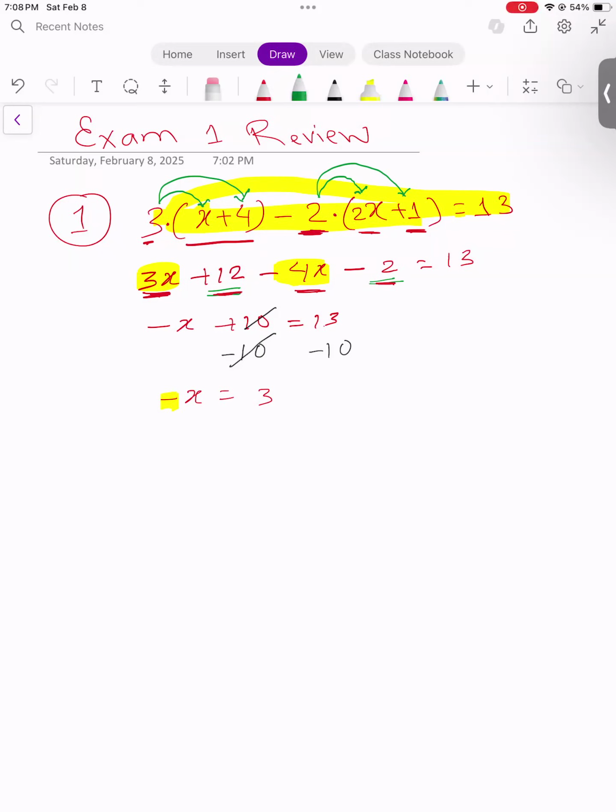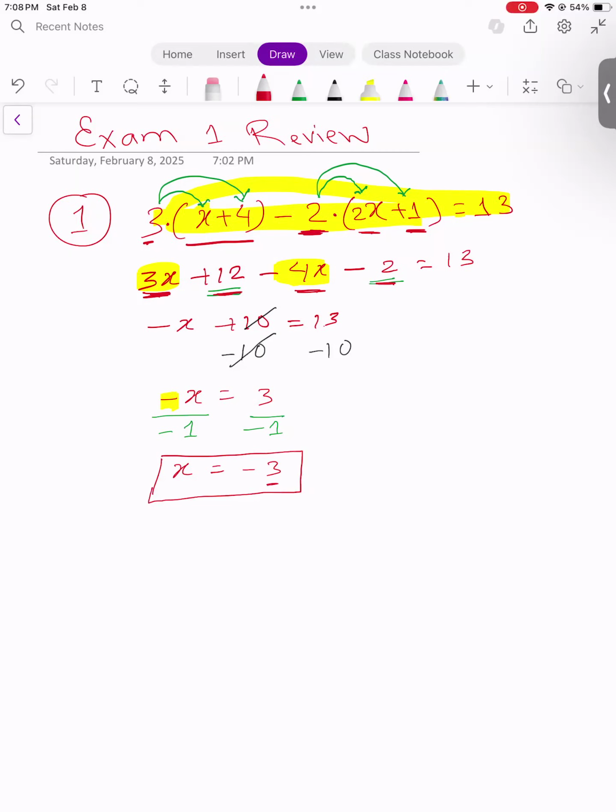For that, you can multiply both sides of the equation by negative 1, or you can divide both sides of the equation by negative 1. So here, negative x divided by negative 1 is positive x, equals 3 divided by negative 1, negative 3. So the value of x has to be negative 3.